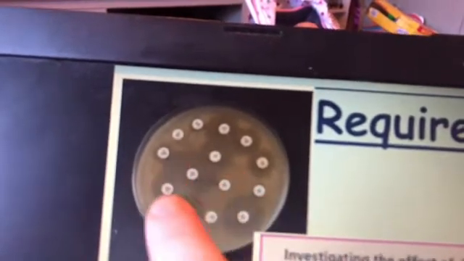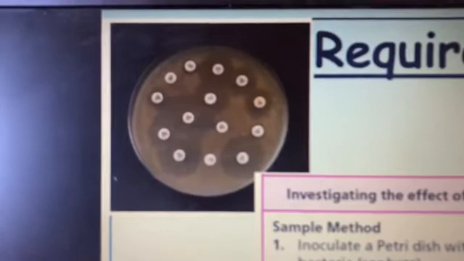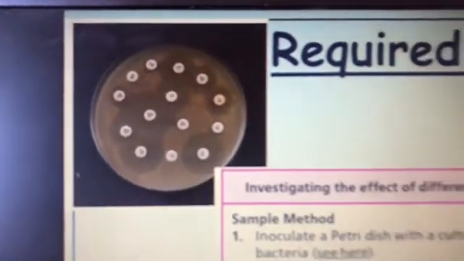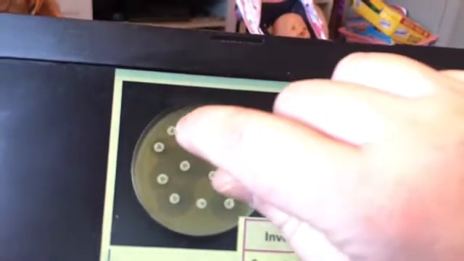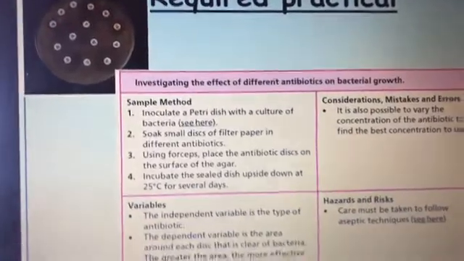So the bigger the clear area means it's more effective. So probably this one and that one are really effective. That one's not very effective at all. That one's not done anything. That one's not really that effective. So the bigger the clear area, the better the antibiotic.